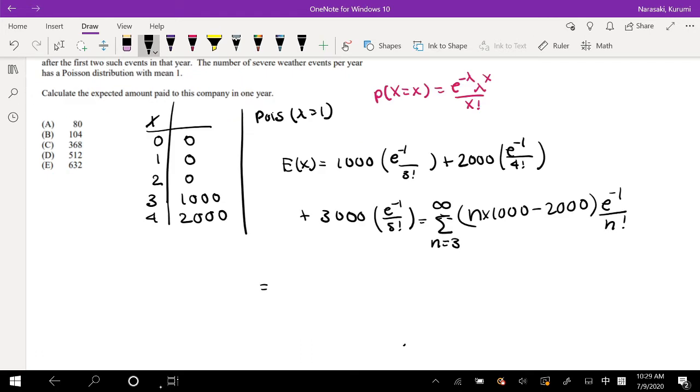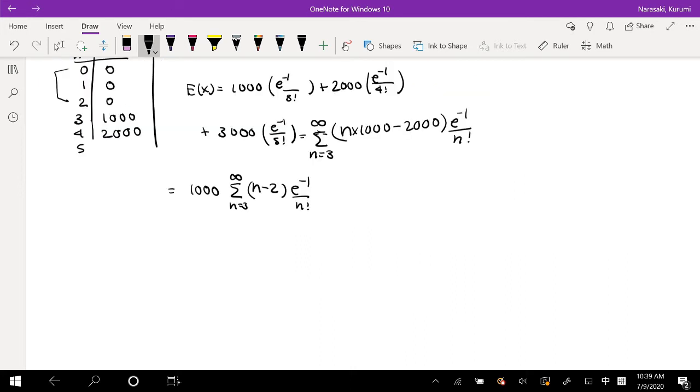Okay, so I'm going to rewrite this by factoring the 1,000 out. So this is equal to 1,000 times the sum from n equals 3 to infinity of (n minus 2) e to the negative 1 over n factorial. Okay, so we can actually change it to start from n equals 0 to infinity, because when we work with Poisson distributions, it's better to start from 0, because then we can use the definition of a Poisson distribution and Poisson expectations.